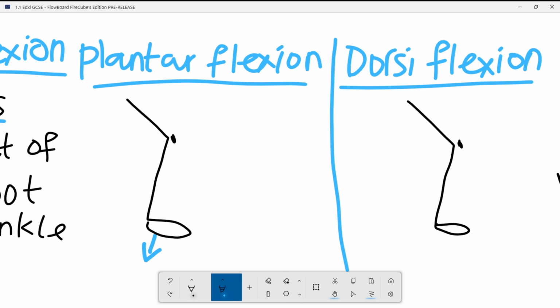That would be plantar flexion, because you're pointing your toes downwards away from the shin. Now, if you were to bring that foot upwards towards the shin, let's say during the downward phase of a calf raise, when you're lowering your body down and the angle between your shin and your foot is getting smaller, then that would be dorsiflexion.